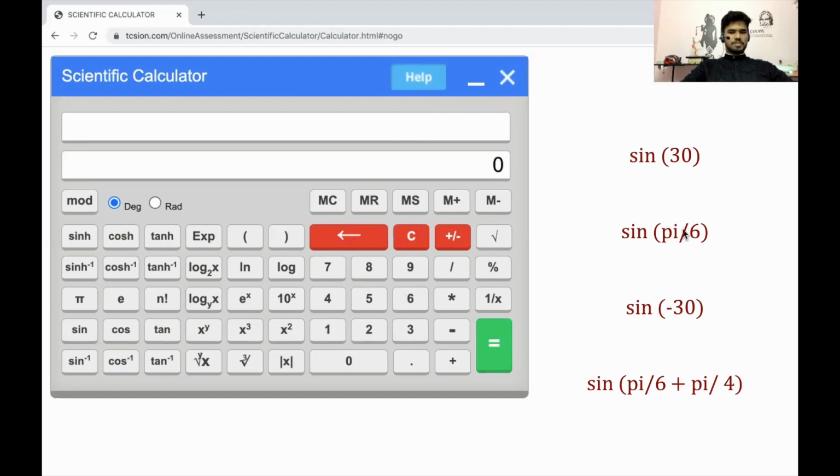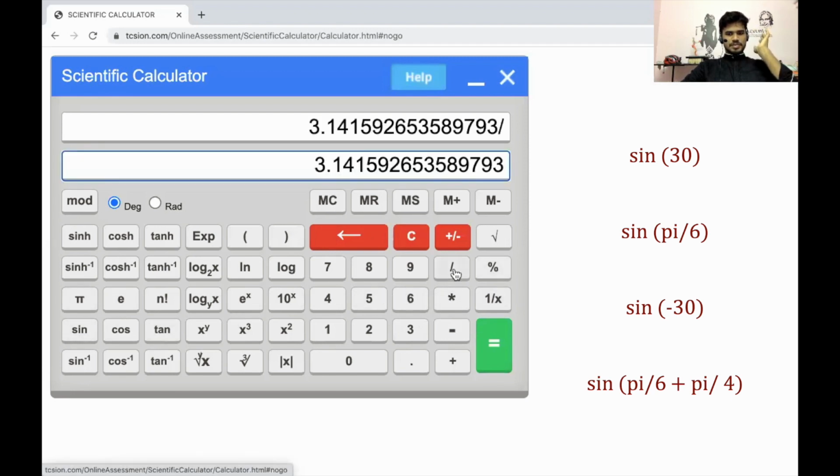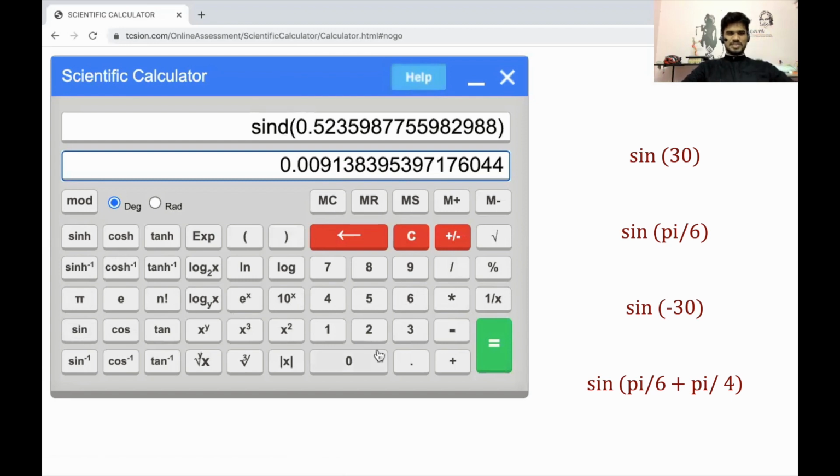Next, let's do sine pi by 6. So we enter pi by 6, and then sine of that. Of course, this is incorrect, right?